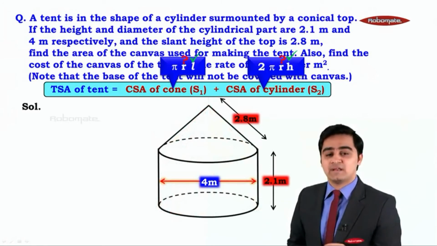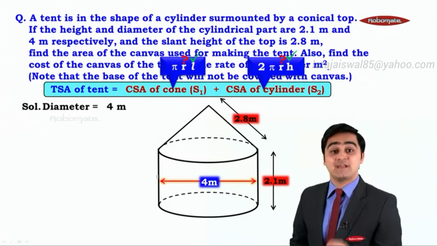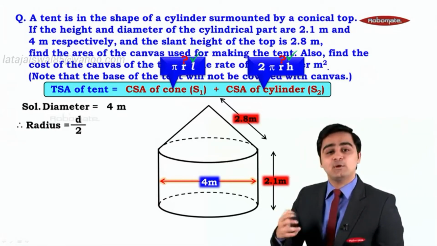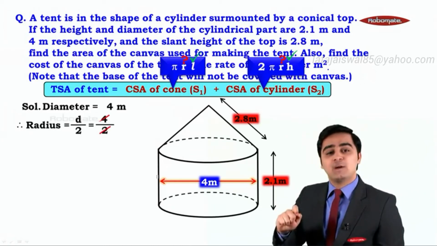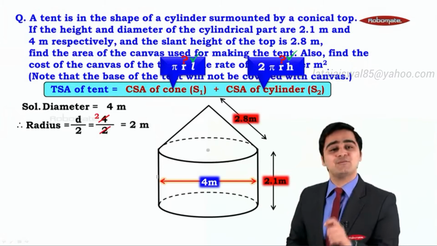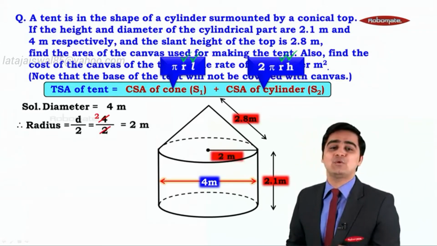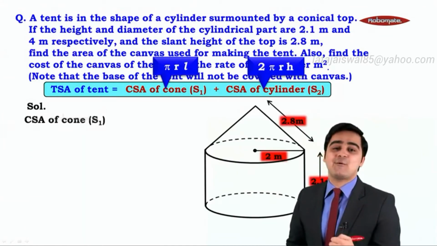Observe, how can we get the radius? We have diameter of the cylindrical part equal to 4 meter, and if we have the diameter, we can calculate radius. It is equal to d upon 2. Diameter is 4, so it is equal to 4 upon 2, which is 2 meters. So we have radius of the cone and the cylinder equal to 2 meter. Now let us calculate curved surface area of the cone first.